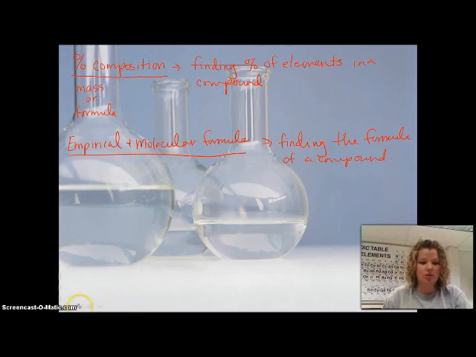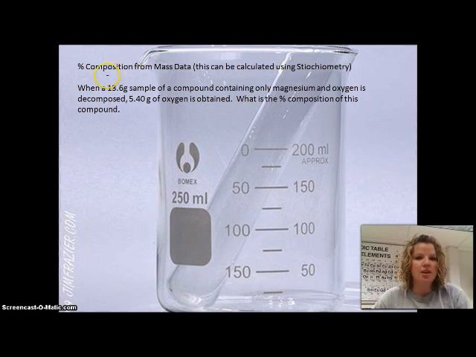So let's go ahead and try an example of the first one, this percent composition. Okay, so this is percent composition from mass data. So this is something maybe we have a balanced chemical equation, and we can calculate the mass using stoichiometry of different elements.